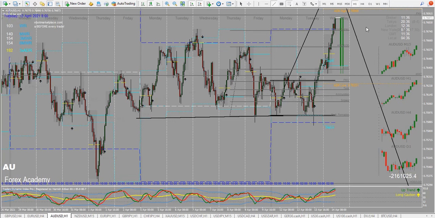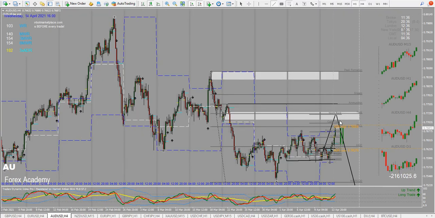I didn't take this trade, but nevertheless they are playing along with my anticipation. It's like they are moving on my footprints. I'll be looking for a bearish move once they reach these zones, and then I'll be selling this market, guys.